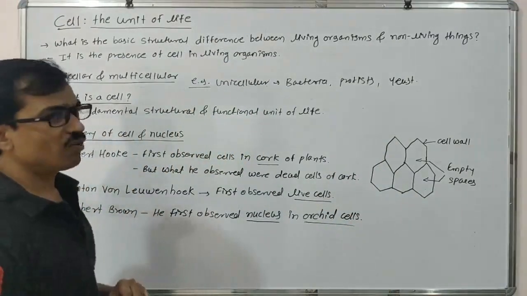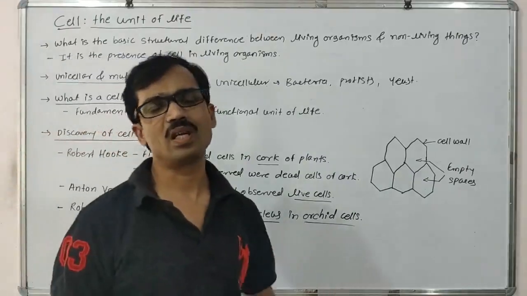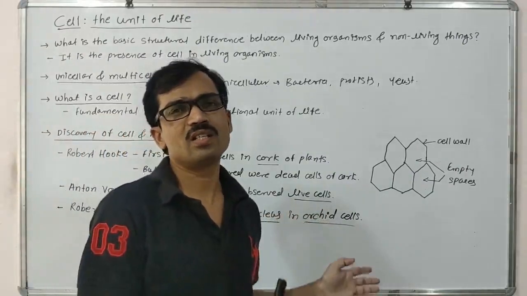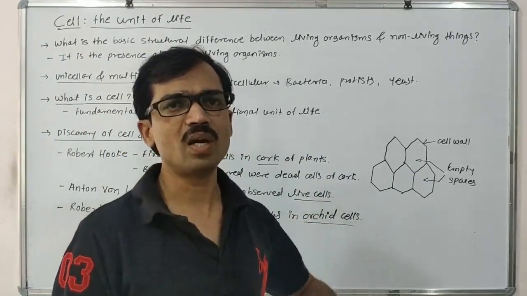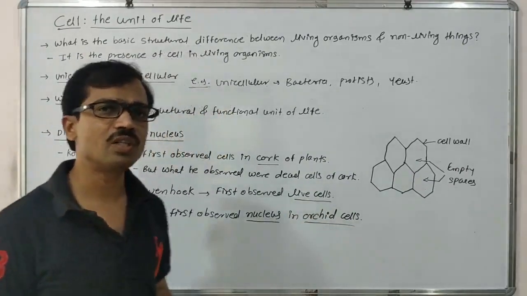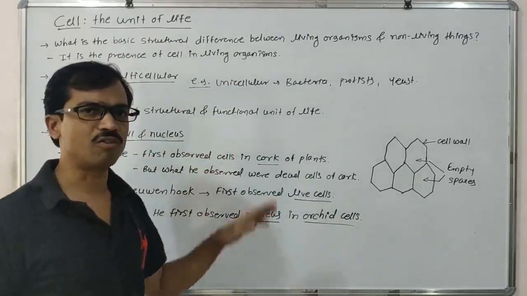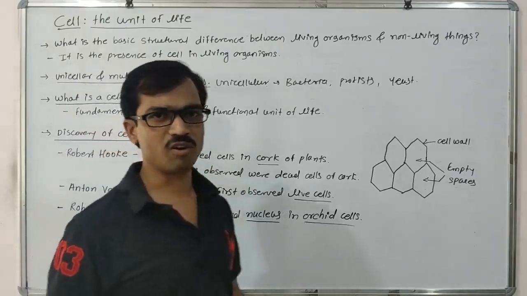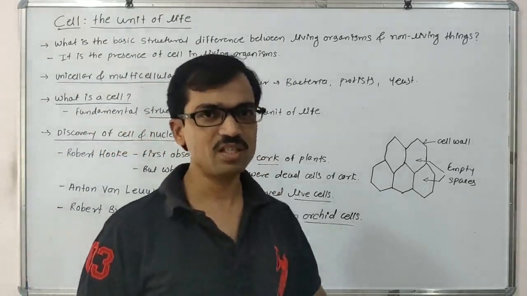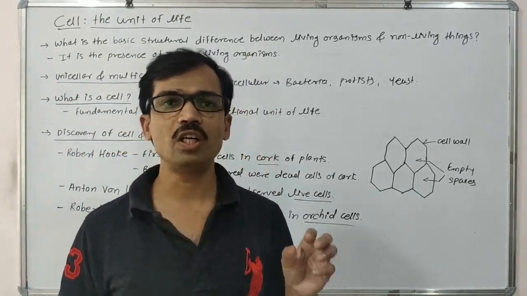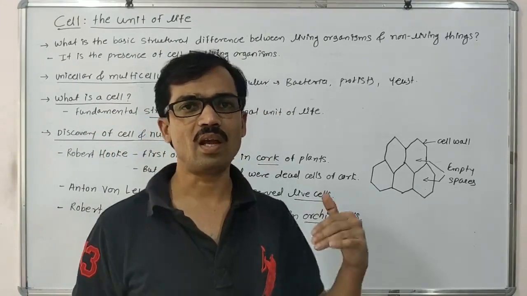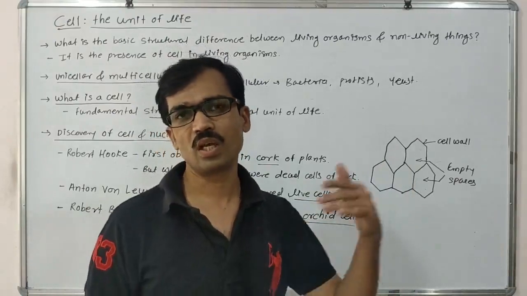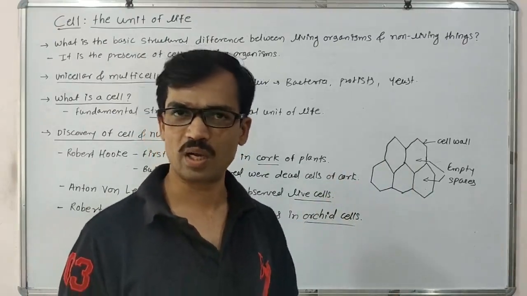Now the next point that we have to discuss is what basically is a cell. So the cell, as we already discussed several times, is the fundamental structural and functional unit of life. Now what do we mean by structural unit of life? As I recently told you, every tissue is made up of cells, and tissues compose organs, organs compose organ systems, and organ systems compose the organism.